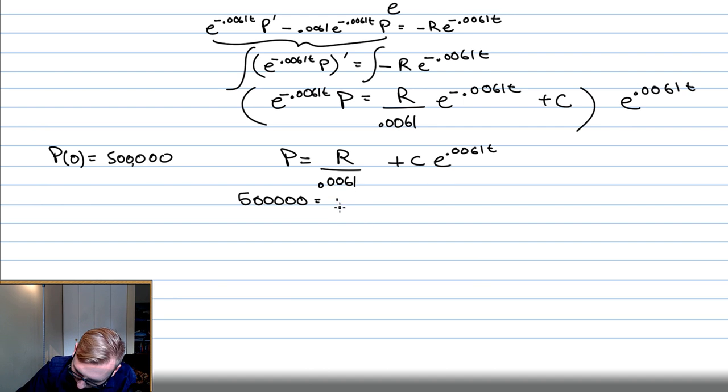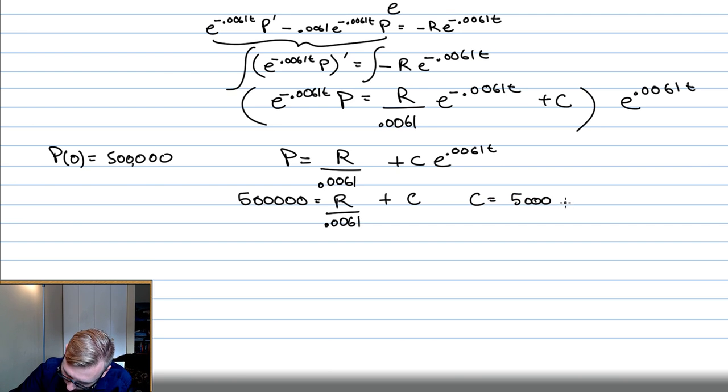There. r over 0.0061 plus some constant. e to the 0 is just a 1. So our C equals 500,000 minus r over 0.0061.